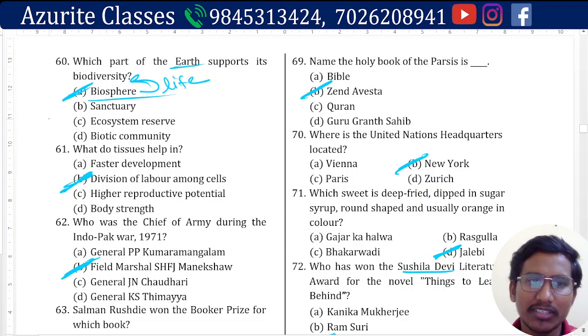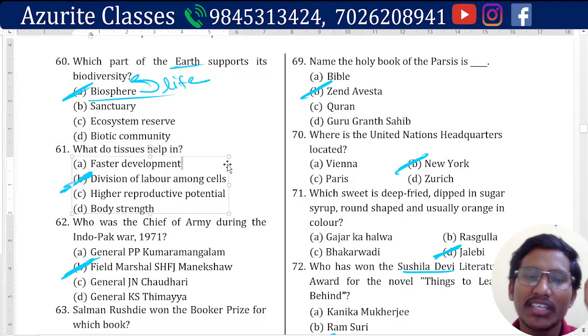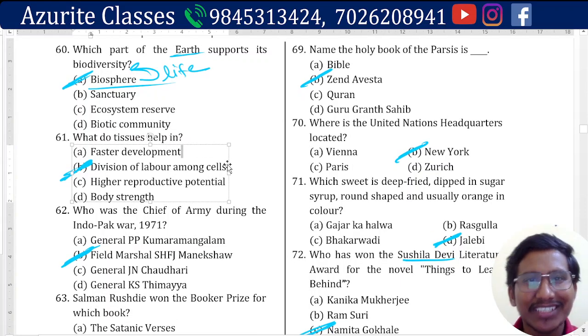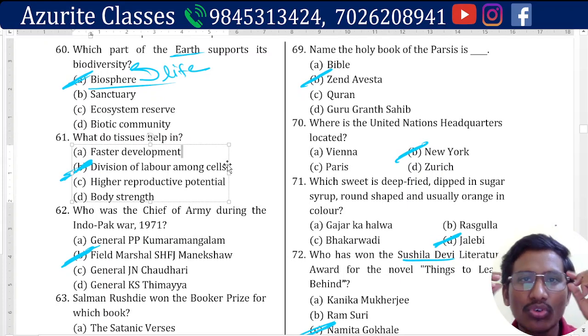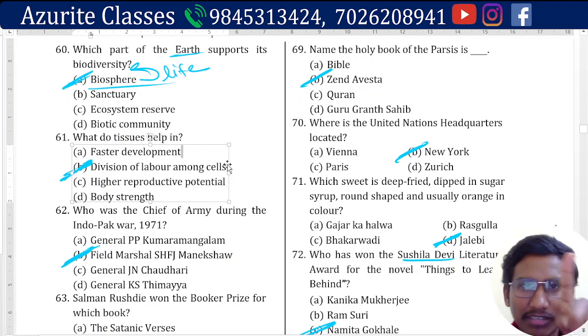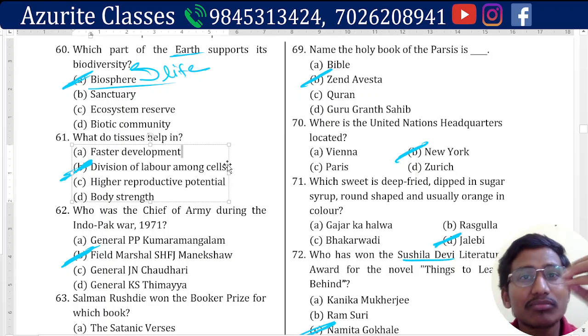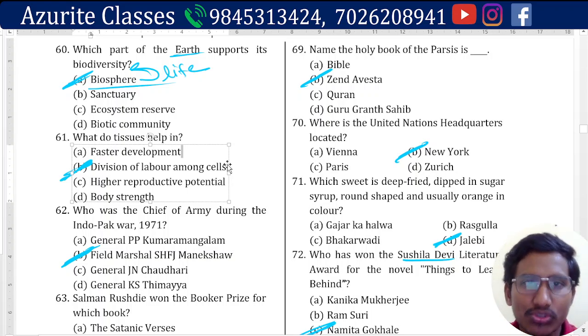So next, 61. If you see, where do tissues help in? What are tissues? Tissues means a group of cells. So our tissues are there in our body. All cells are the same, right? In the starting there was only one cell. We started everything from that. So that cell, they combine and make tissues.